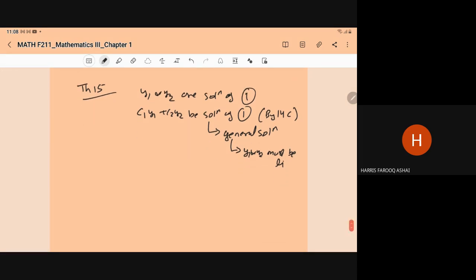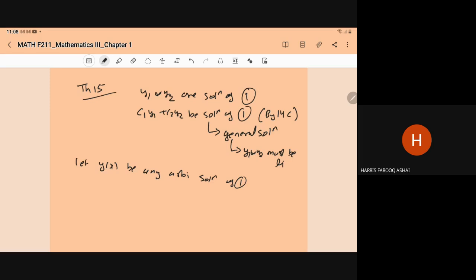And what is the characteristic of the general solution? From the given solution you can find any solution. So let yx be any arbitrary solution of the first.